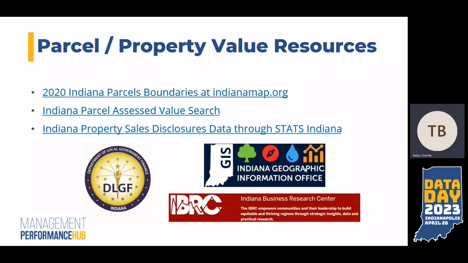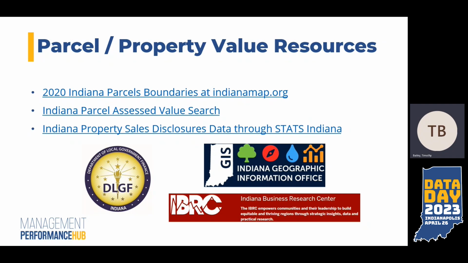So if you're interested in digging into the data a bit more, it is publicly available in a few places. The Indiana Geographic Information Office hosts a site called indianamap.org, and there you can find the 2020 Indiana parcel boundary data. There may be 2021 available at this point, I'm not sure. 2021, excuse me.